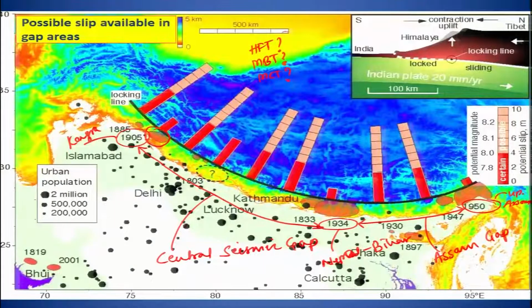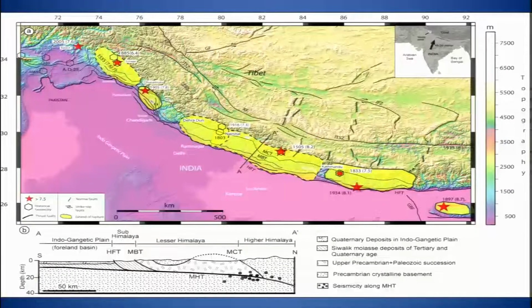So these are the questions which we usually ask ourselves, that what exactly happened. Now, based on our research which we carried out in the Kangra region, it suggests that the 1905 Kangra earthquake was triggered on the hinterland side.